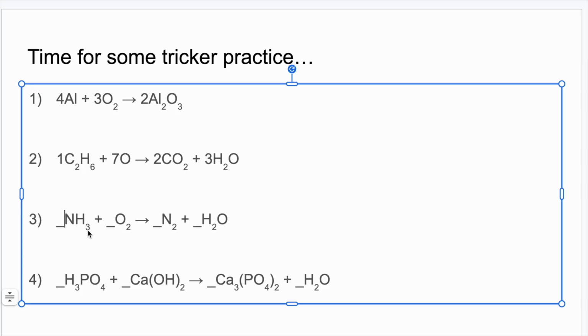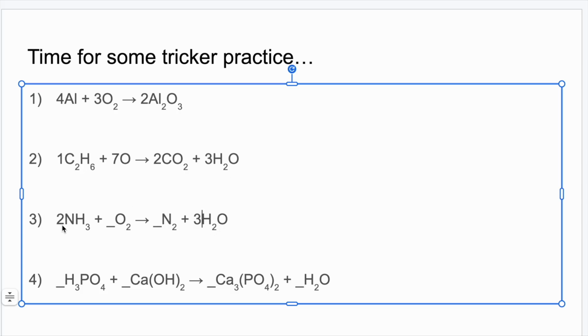I usually tend to double it and see if that does me any good. If I double it there, then these 3 atoms of hydrogen are now 6. So to balance that, I'm gonna put a 3 here. 2 times 3, 6. Hydrogen balanced.